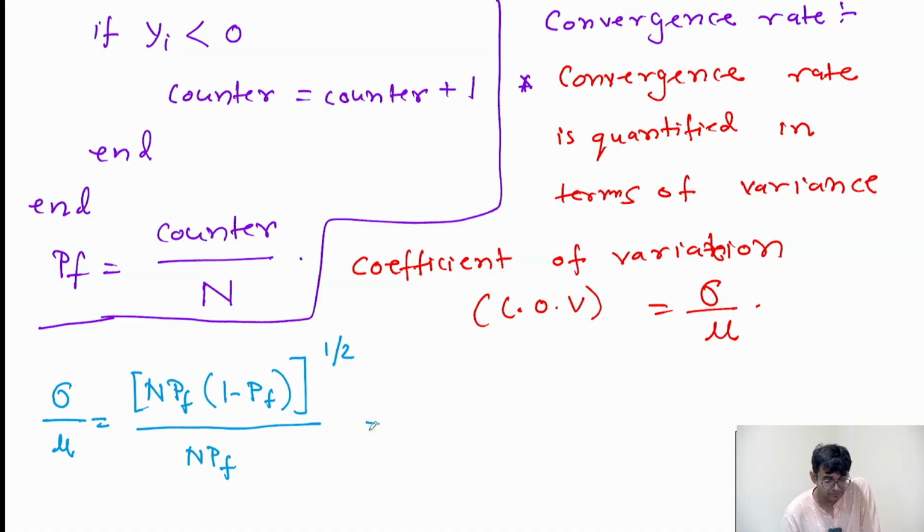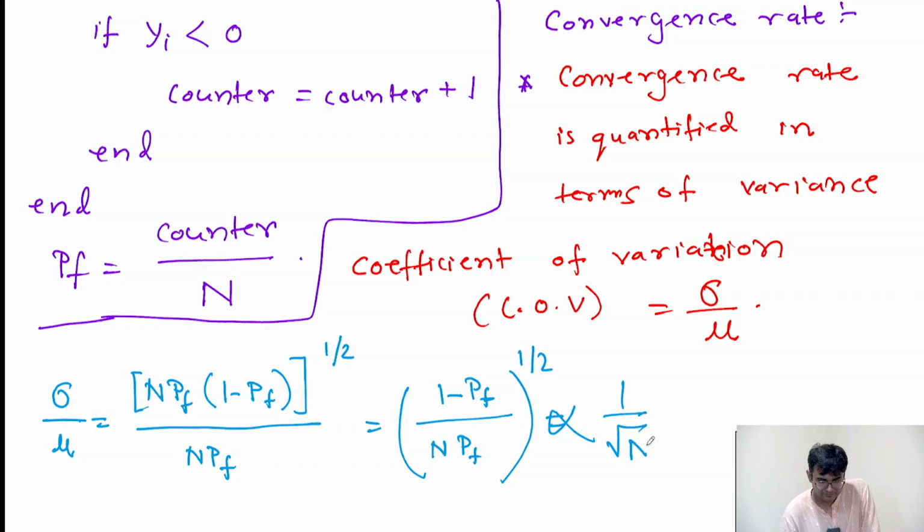What do you get after doing this calculation? This is proportional to 1 by square root of n, because if I assume Pf is constant, then it is proportional to 1 by square root of n.